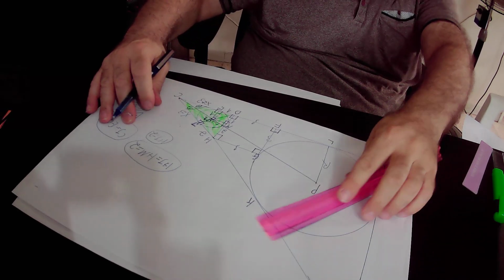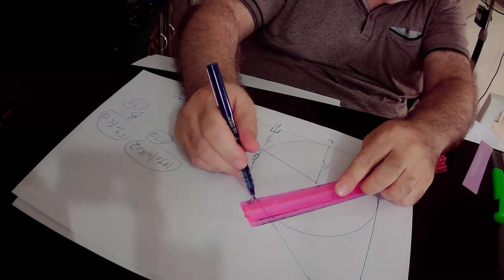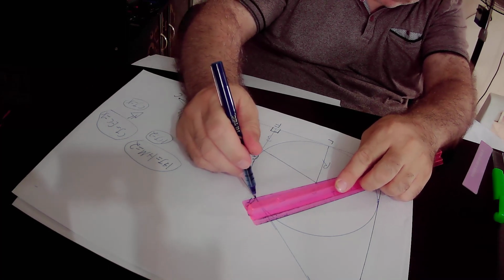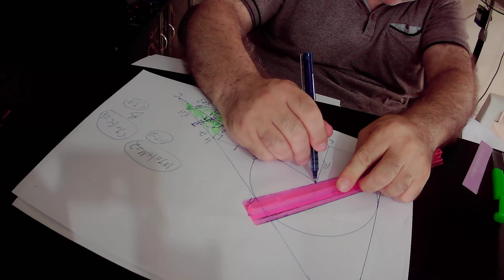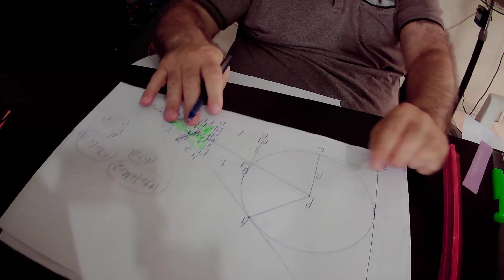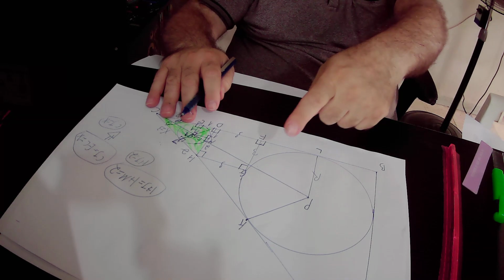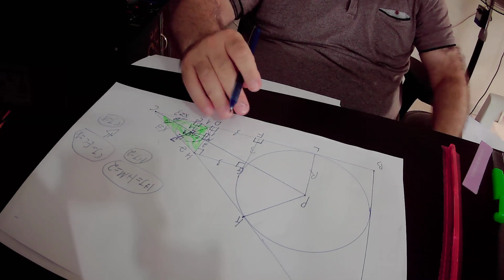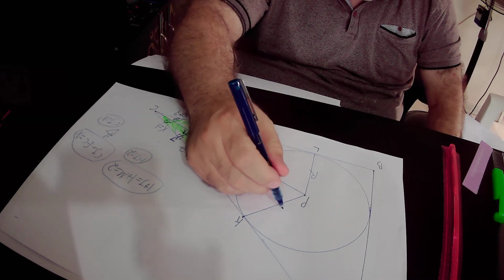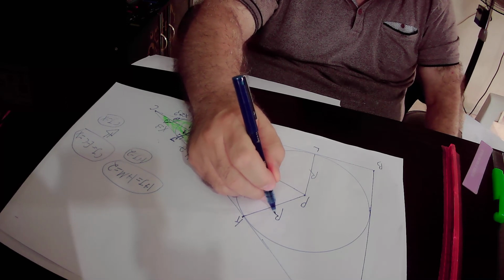We will join points P and K by a straight line. So here, point P is the center of the big circle, point K is a point on the big circle itself, therefore PK is the radius of the circle that is equal to capital R.